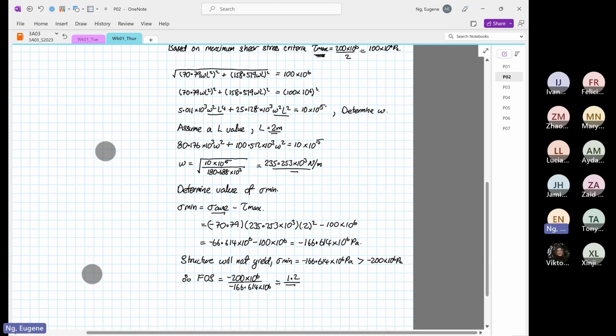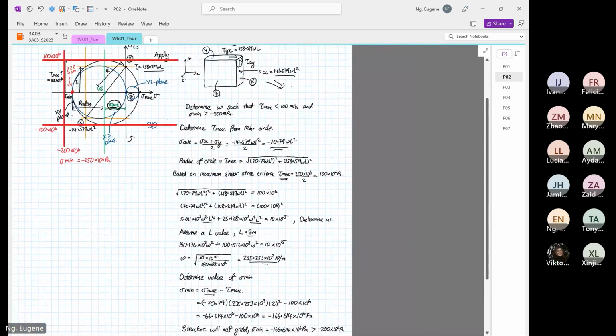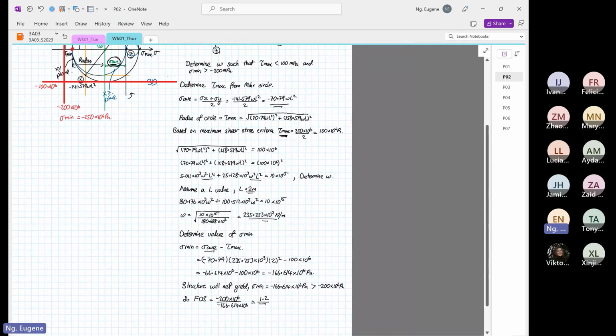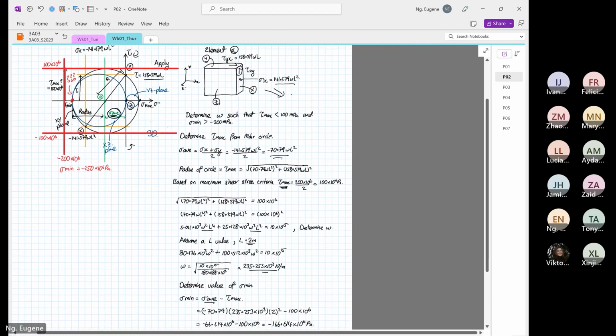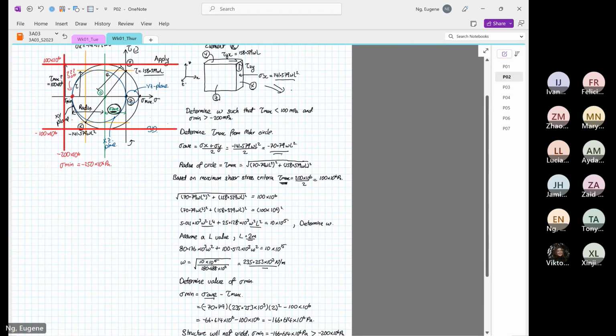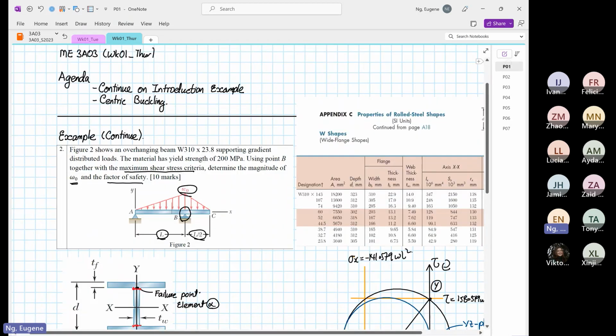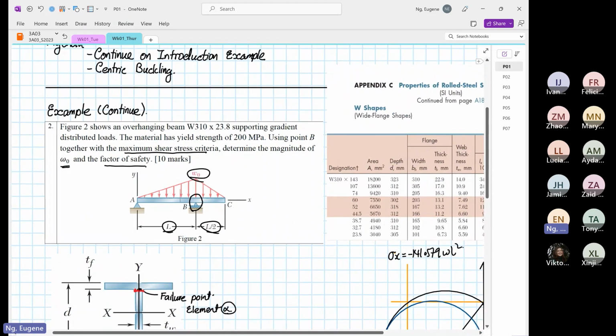So as you can see, a question like this, I want you all to see from the introduction what is the expectation. You can see the layers of information that you need to acquire. I can strongly tell you that if you were tasked to design a structure like this, the mandate is that you are capable of designing or selecting the material for this structure together with calculating the factor of safety.